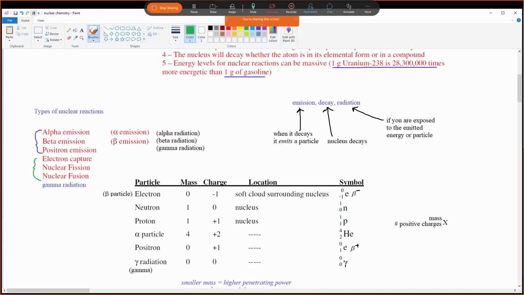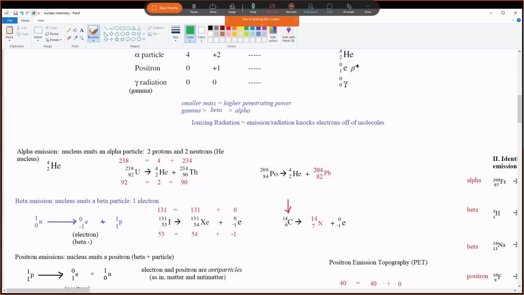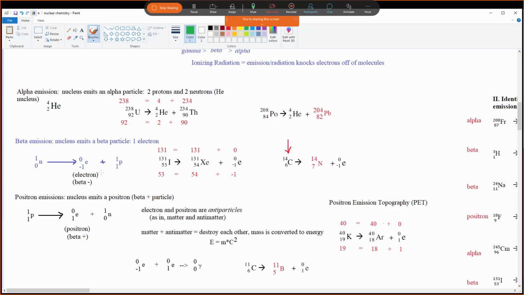And again, we're going to use all the same symbols and elemental symbols that we're familiar with, and the same rules apply that we learned for alpha, beta, and positron. That is, your total mass is going to add up on both sides to be equal, and your total number of positive charges is going to add up on both sides to be equal.